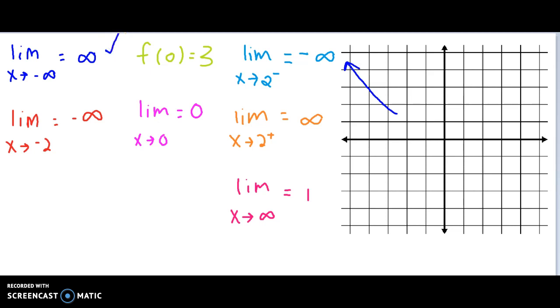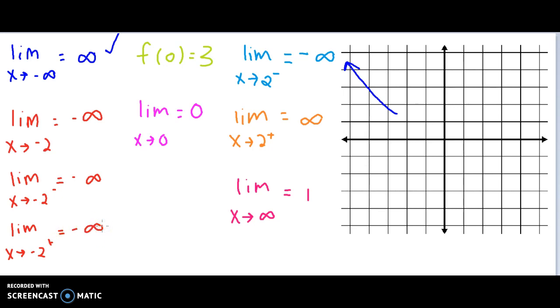Perfect. Next, our red limit statement says the limit as x goes to -2 equals negative infinity. Remember, you can break this up into two statements, and you could say the limit as x goes to -2 from the left equals negative infinity, and the limit as x goes to -2 from the right equals negative infinity.